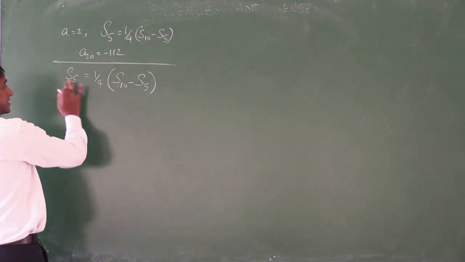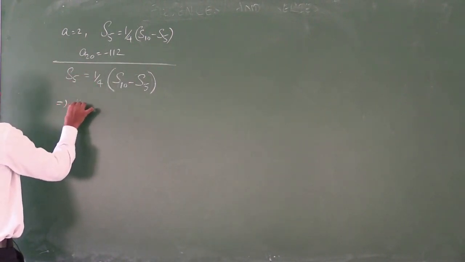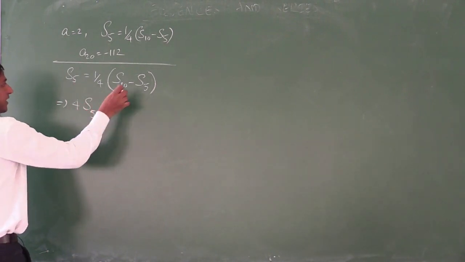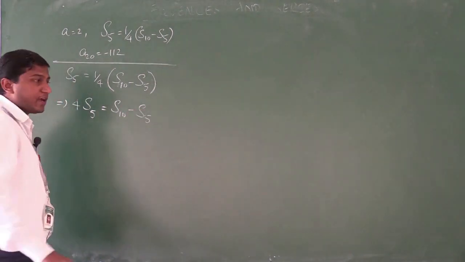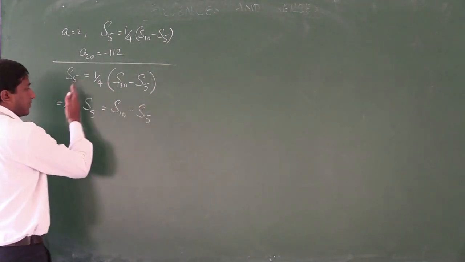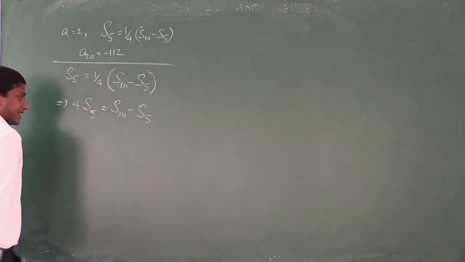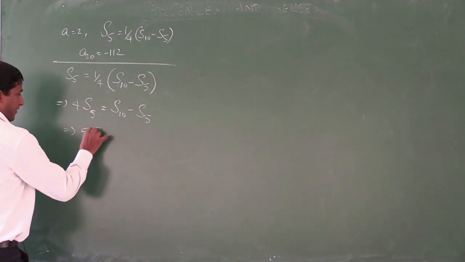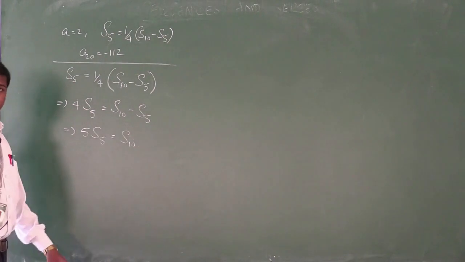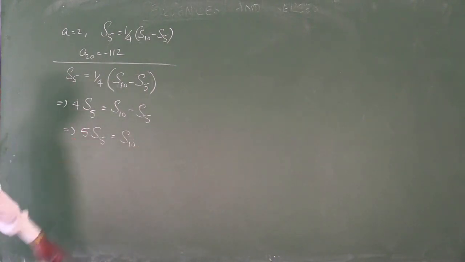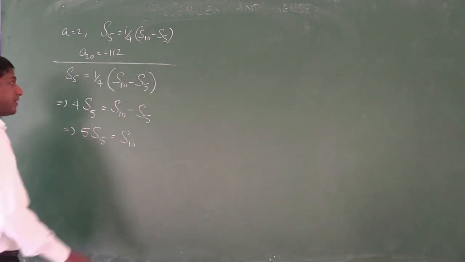On simplifying this, I will take 4 on the LHS. So what do we get? 4 into S5 equals S10 minus S5. So minus S5, taking that side, becomes plus S5. 4S5 plus S5 gives us 5S5 equals S10.